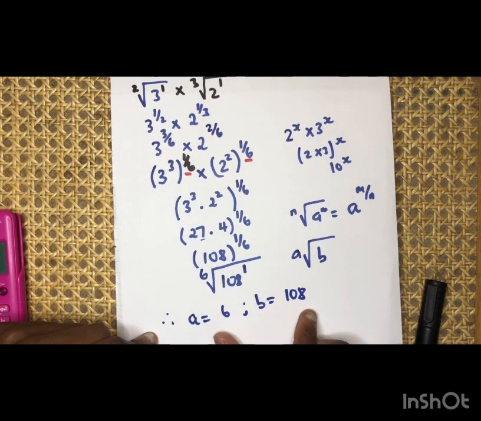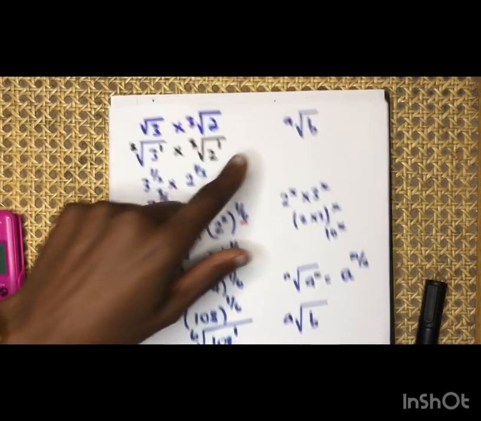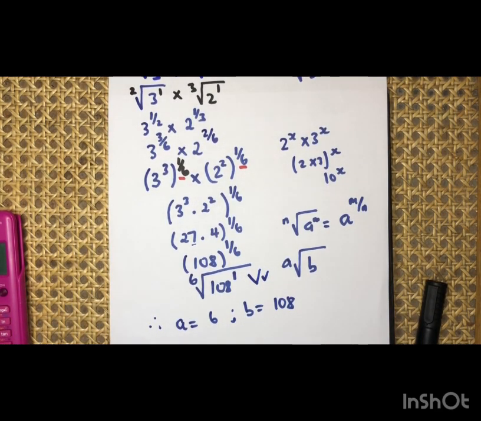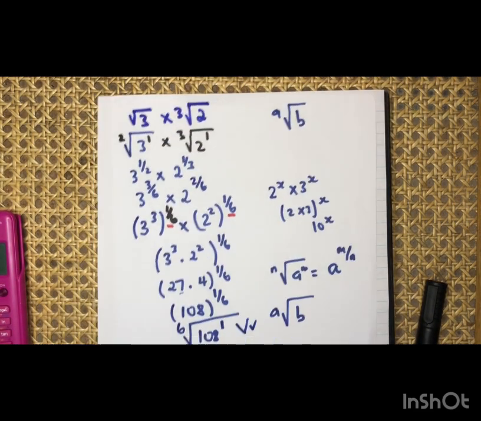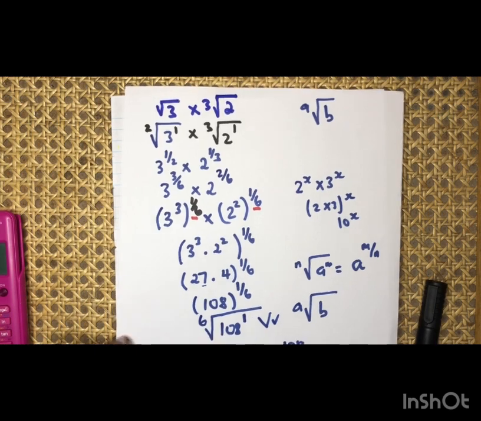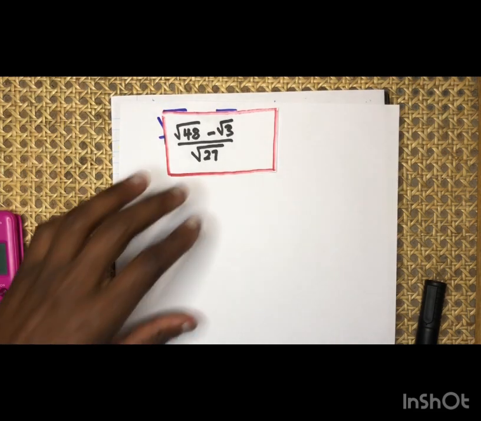So bear in mind, guys, they didn't say solve for a and b, but they said write this in this form. So this is the form they want. So here we have a, which is 6, and b, which is 108.